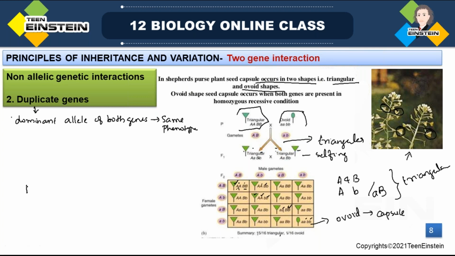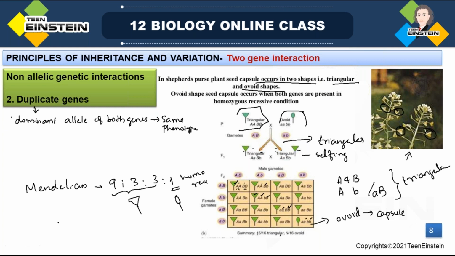So here again, the Mendelian concept is 9:3:3:1. In this Mendelian concept, this is the one and only homozygous recessive, right? So apart from this, all are forming triangular capsule, and this is the one which forms the ovoid capsule.